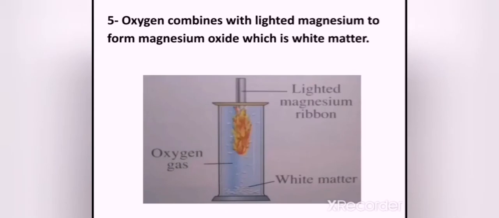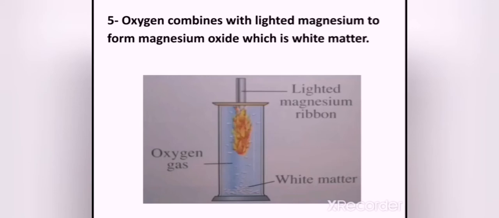Number five, the oxygen gas can combine with lightened magnesium to form magnesium oxide, which is a white matter. Oxygen gas combines with any element to produce an element oxide.